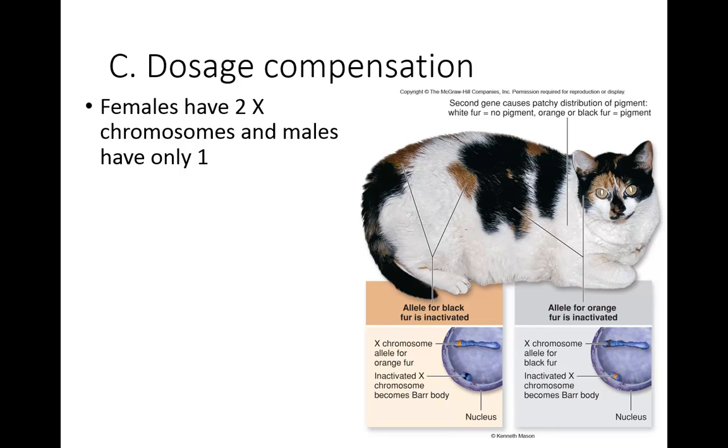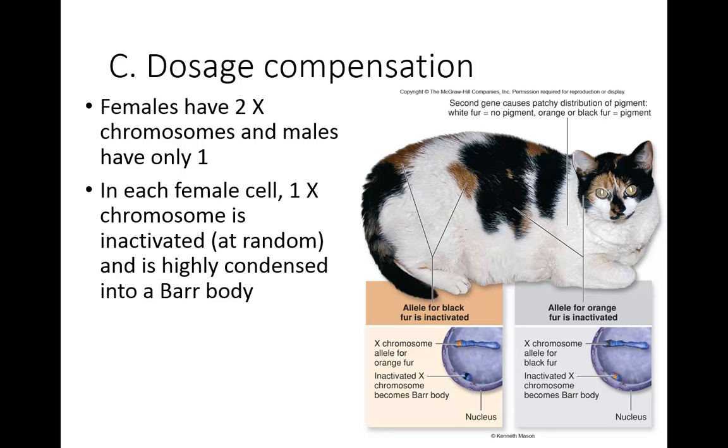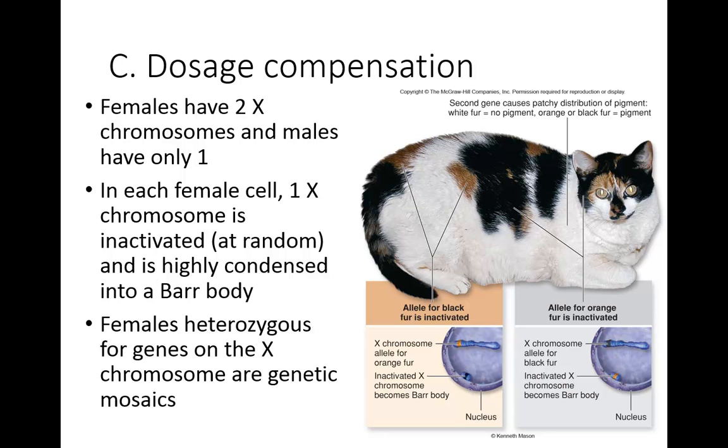To compensate for having two X chromosomes, females will turn off one of their X chromosomes, just like males only have one. This is done at random, so it's not the same X chromosome that's turned off in every one of their cells, and this is what leads to things like cats that have different colors.